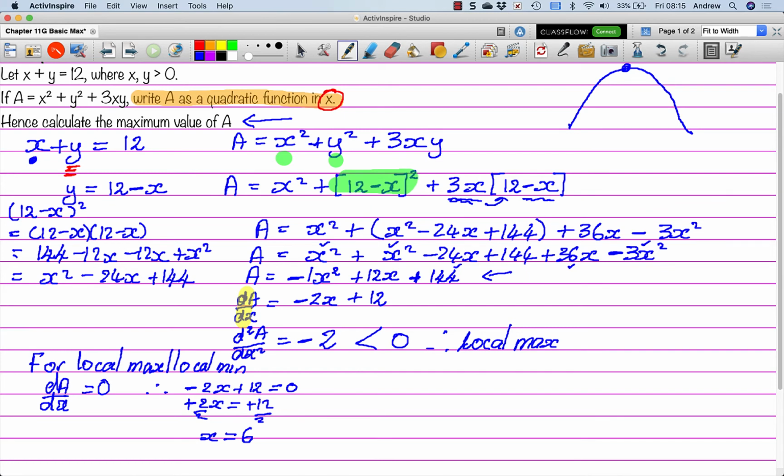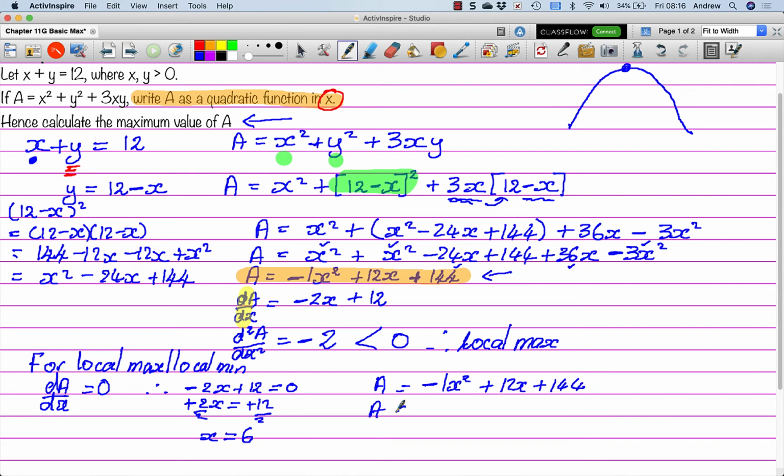We know that A is equal to, just looking for the formula now. There it is. So A is equal to minus 1x squared plus 12x plus 144.